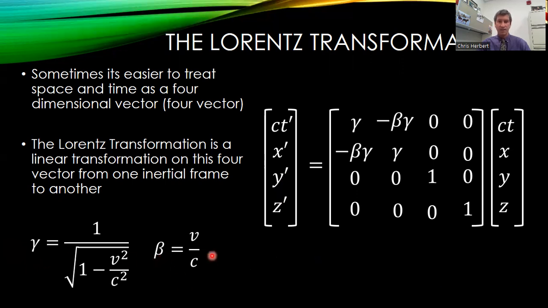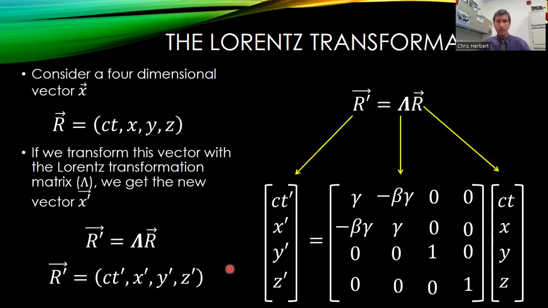Beta is just, again, to make things a little bit easier to see. Beta is just the ratio of v to c. It's the fraction of the speed of light that we're traveling between one frame and the other. And again, we might represent this 4-vector, and there are so many symbols that I've seen for 4-vectors. Sometimes you'll see it represented with superscripts. I'm just using this representation right here, where I'm using capital R as opposed to lowercase r.